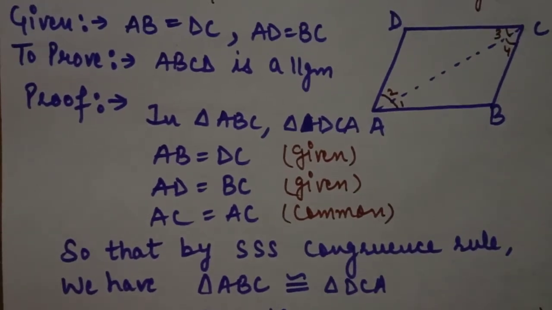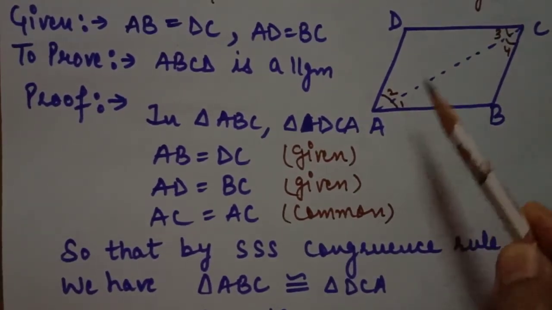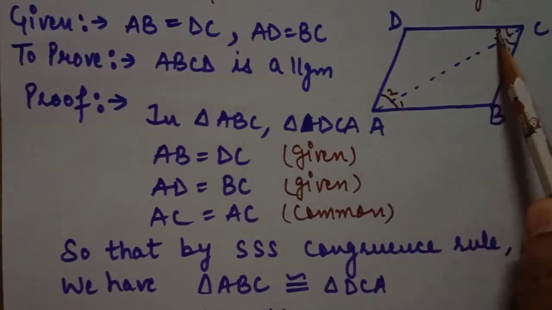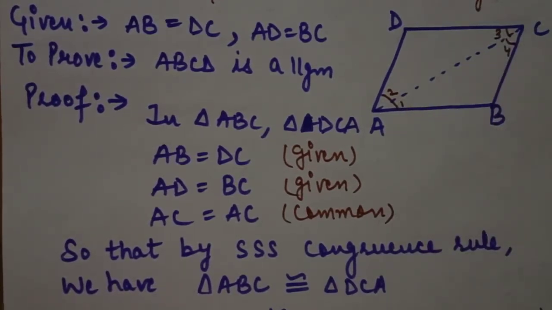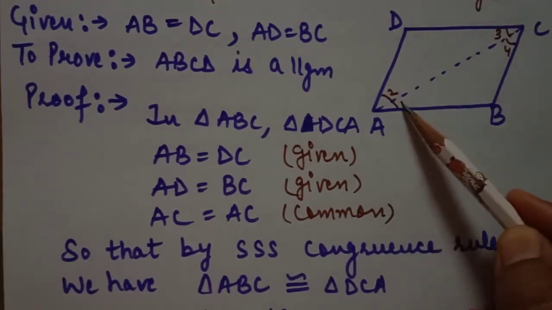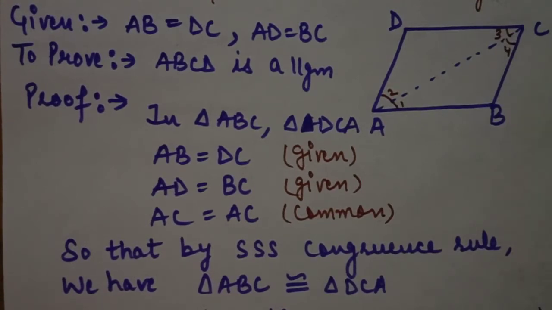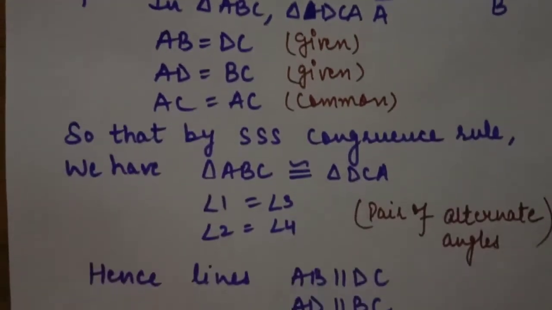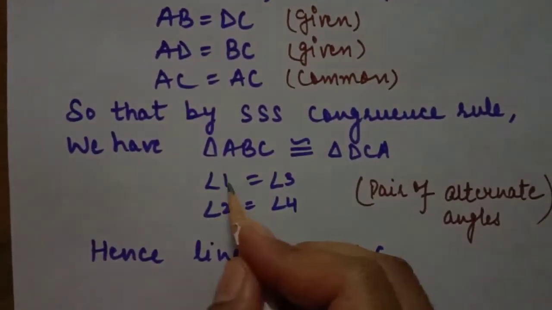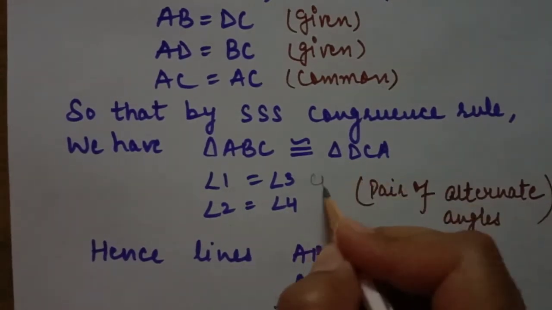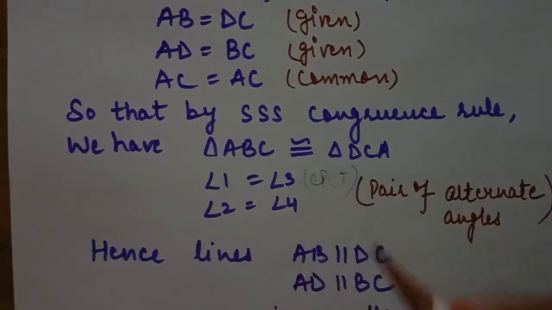If these two triangles are congruent, then definitely angle 1 and angle 3 are equal to each other. Angle 2 and angle 4 are also equal to each other by CPCT. What is CPCT? Corresponding parts of congruent triangles. But angle 1 and 3, 2 and 4 are pairs of alternate interior angles, and they are equal because of CPCT.